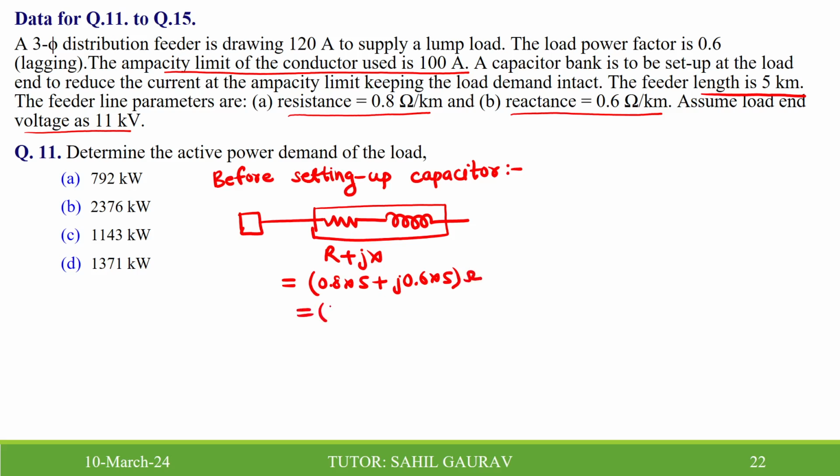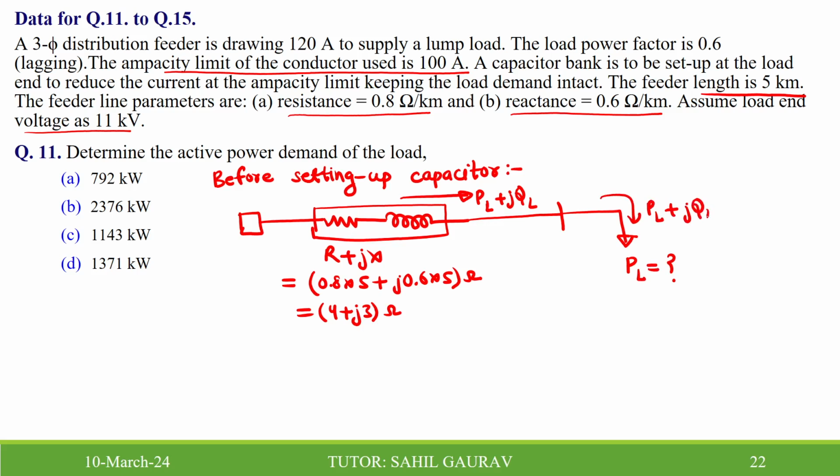So it is 4 plus j3 ohm. So all the power will come from this feeder, PL plus jQL, and we have to find the active power demand of the load, PL plus jQL.